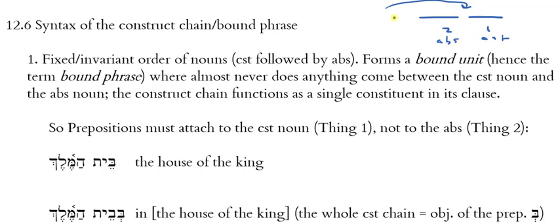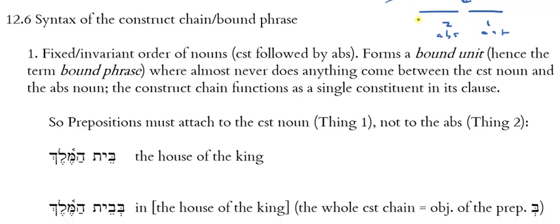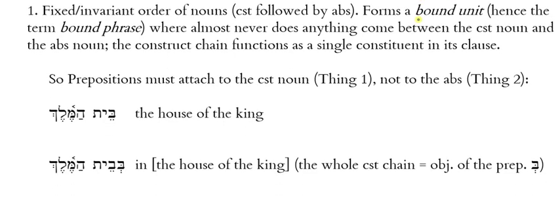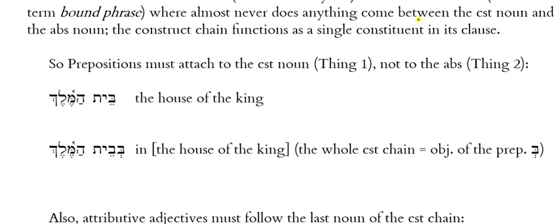I'm not going to stick a preposition in between these two. These two nouns will be side by side with nothing intervening between the two. So, if there is a preposition, the preposition is going to have to attach on the outside of the construct chain, as it were, to the construct noun, not to the absolute noun.